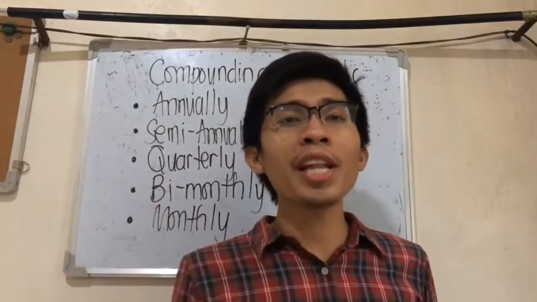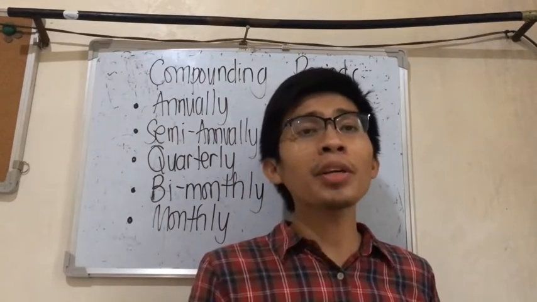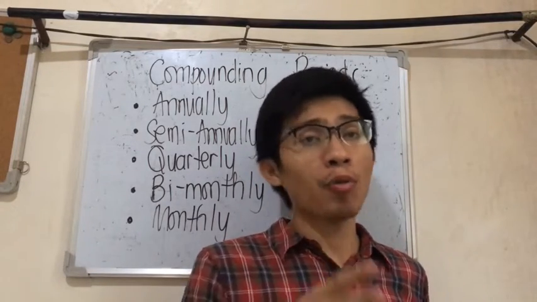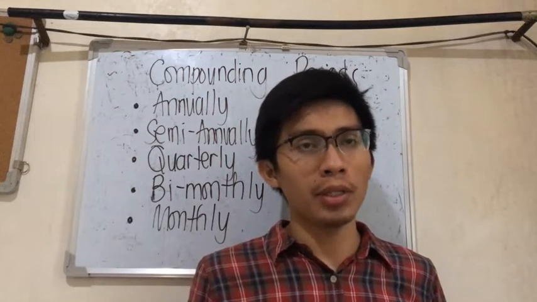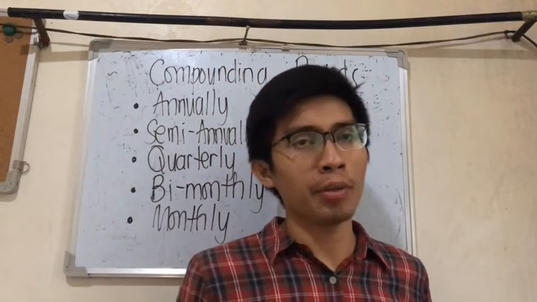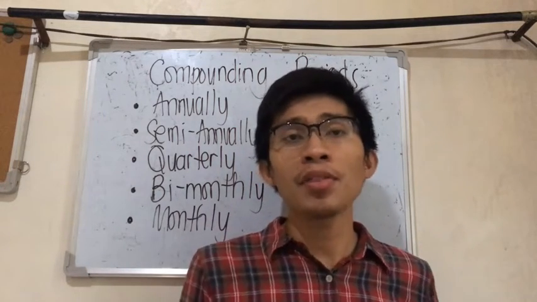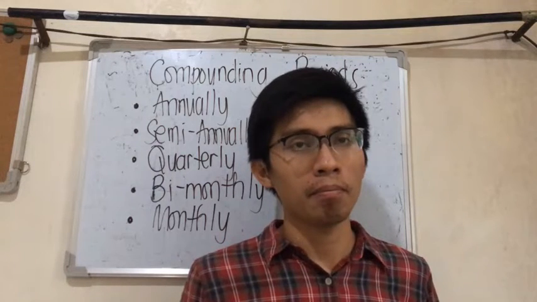Now, to understand it more, today we are going to discuss compound interest. To understand compound interest, we have to consider this important characteristic of compound interest, and that is what you call compounding periods. Question: what is compounding period? Compounding period describes how frequent your money will increase.